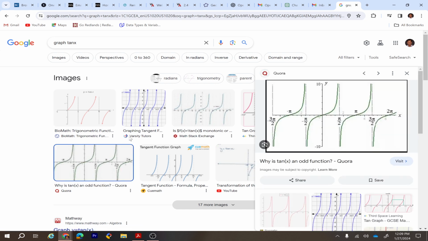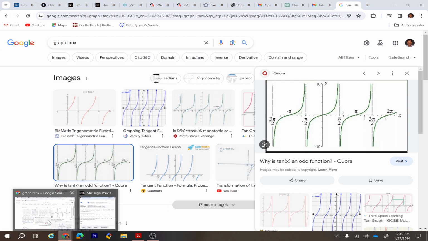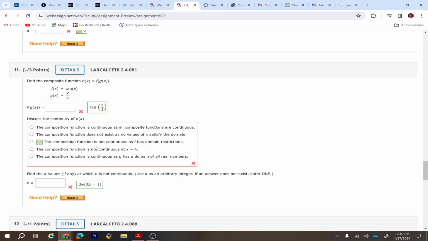The tangent function is not continuous at pi over 2, 3 pi over 2, which is n times pi over 2, where n is an odd number. So you just replace that by the expression you have here, which in our case is x over 4.